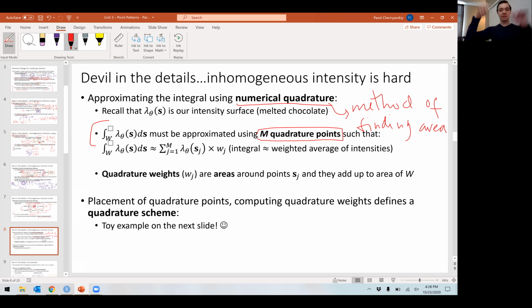We're going to walk around our observation window and find the height of the chocolate. The chocolate surface is continuous, but that's what this integral does. To approximate a continuous surface, we have to use enough quadrature points. So this number m is usually pretty large.